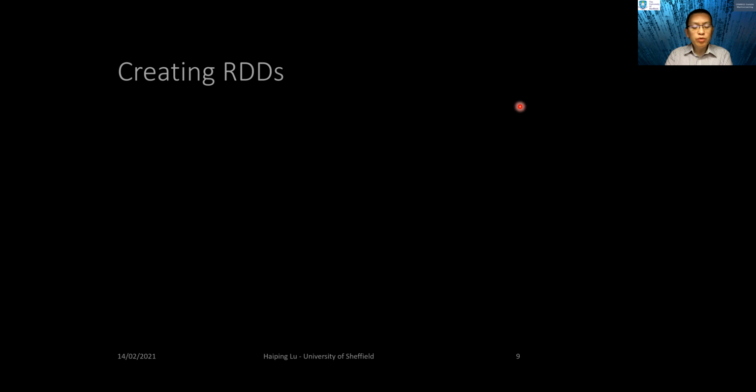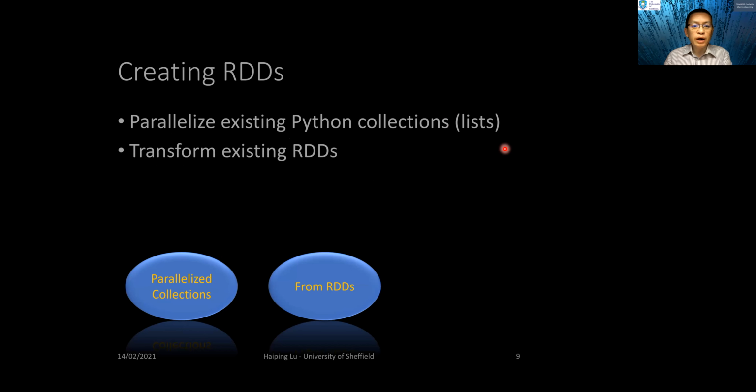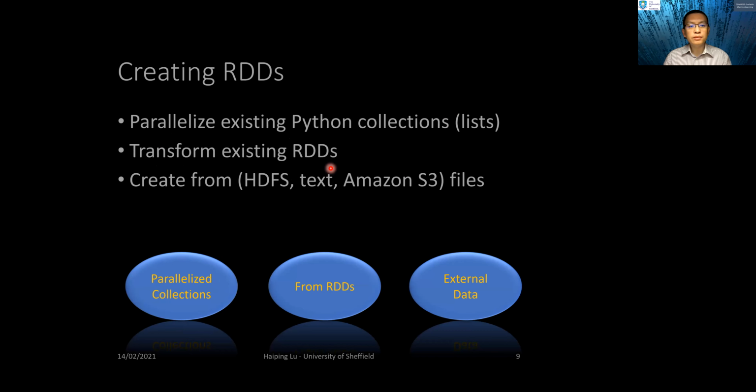There are three ways to create RDDs. The first one, as shown in the example earlier, is to parallelize existing Python collections, for example, a list. The second way is to transform existing RDDs.